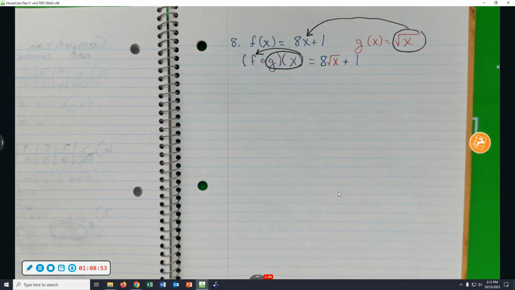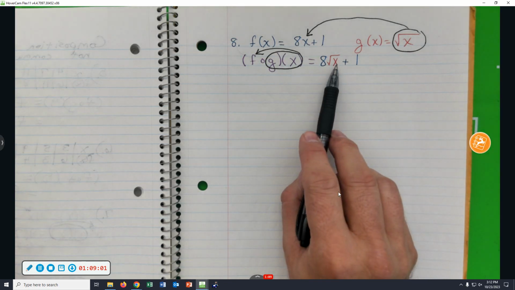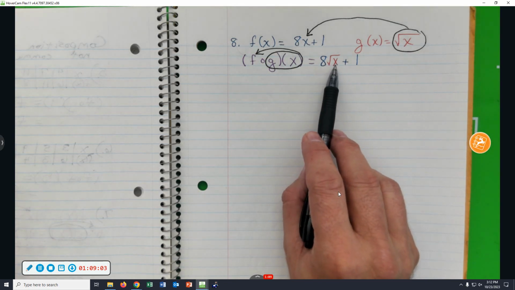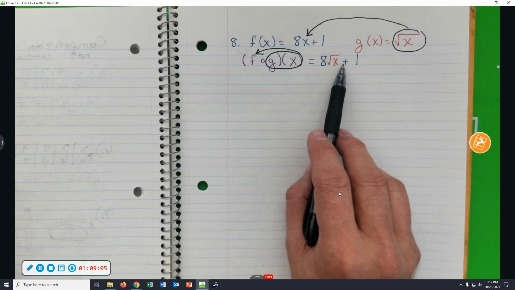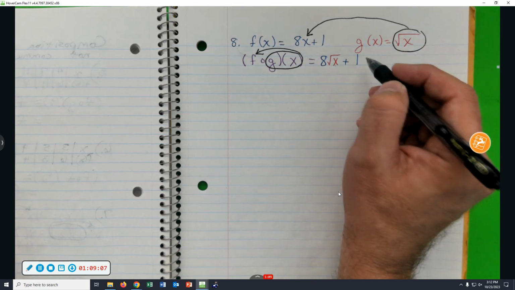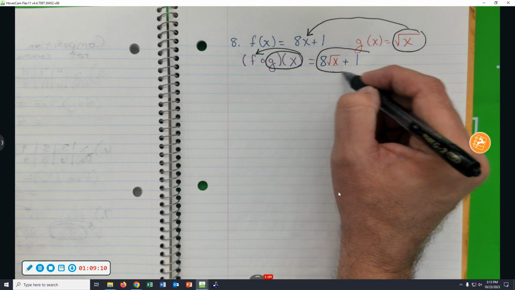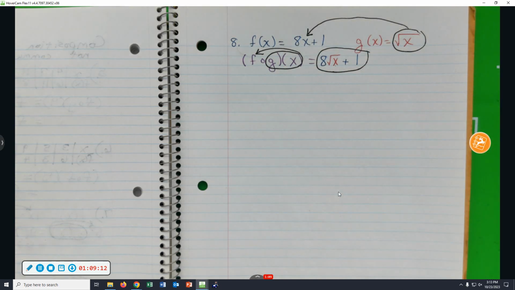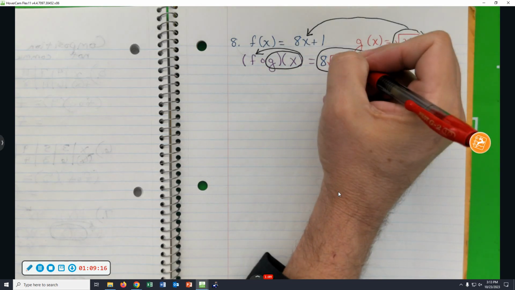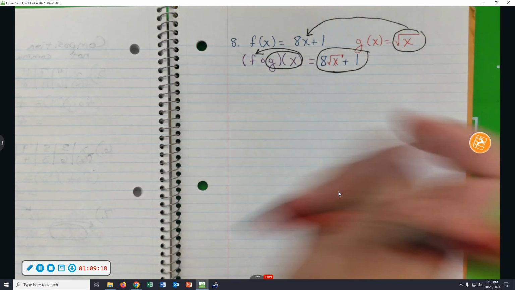So I've replaced the blue x with the square root of x, and that's it. Notice the only thing under the square root symbol is the x. The plus 1 is not under that square root. So 8 square root of x plus 1. Oh, put your little mark, Tim. Close that square.